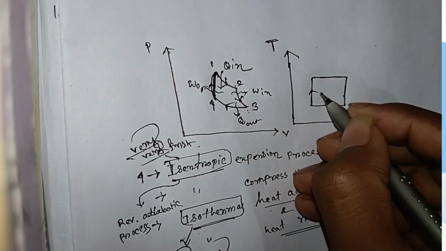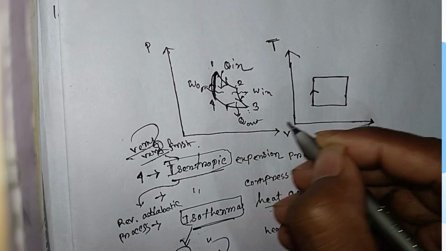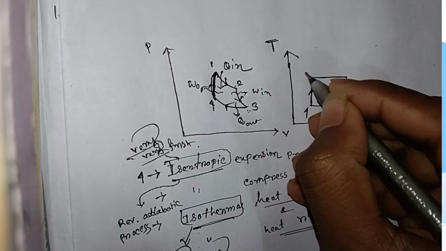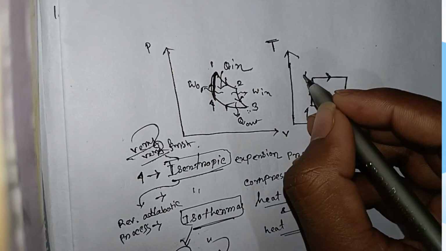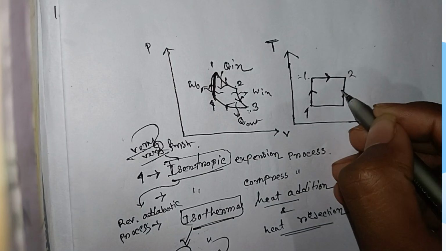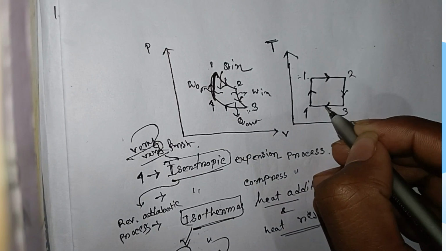Okay, entropy constant, expansion कौन सा process 4 to 1, this is the 4 to 1. Then the heat addition in the isothermal process देख सकते हो 1 to 2 3 4.